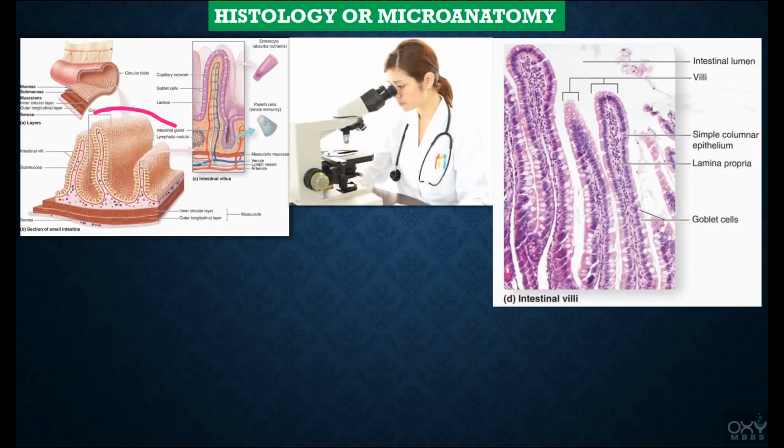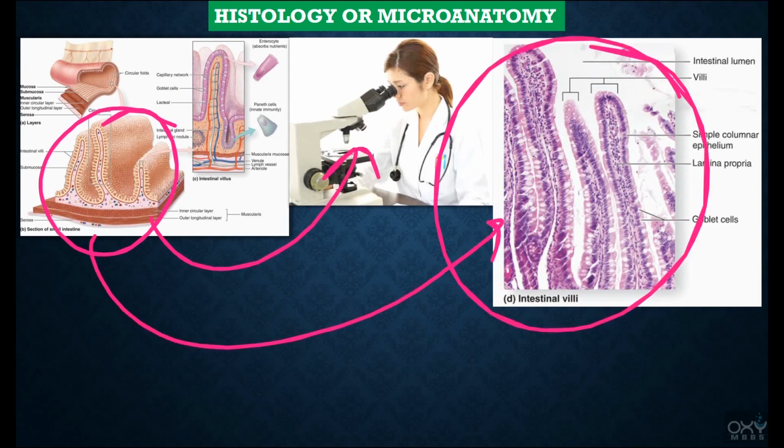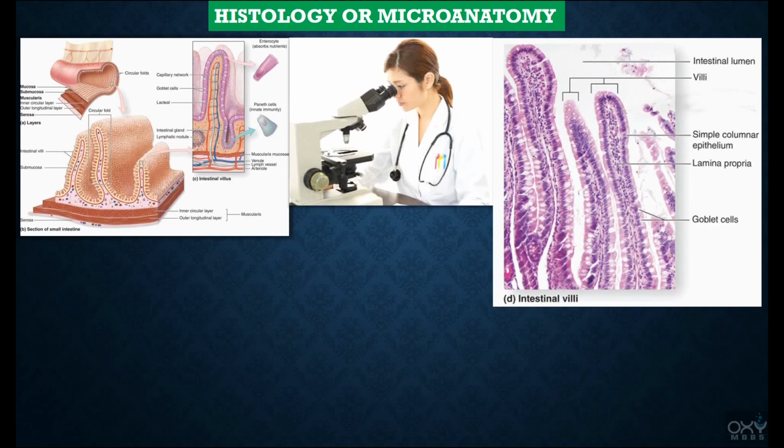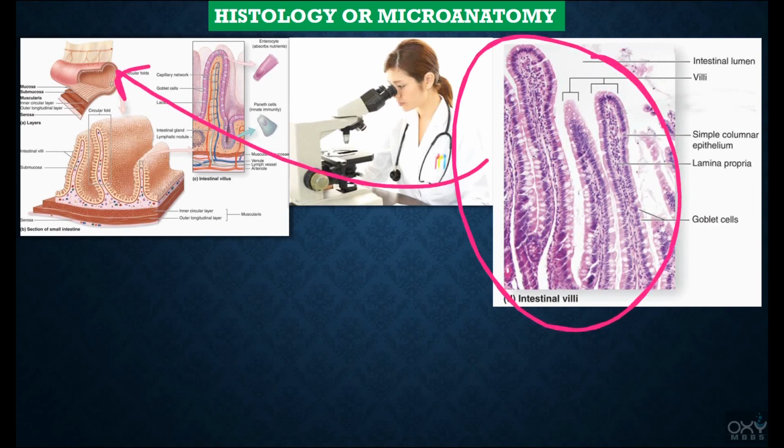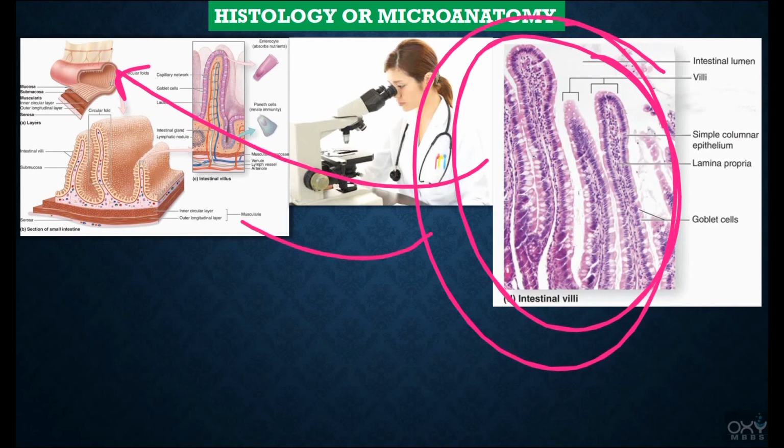And when this piece of small intestine is seen under microscope, then it looks like this. Friends, first we will discuss the normal pattern of the cells and tissues in the organ. Then we will discuss the diseased or pathological pattern of the cells and tissues in the organ.